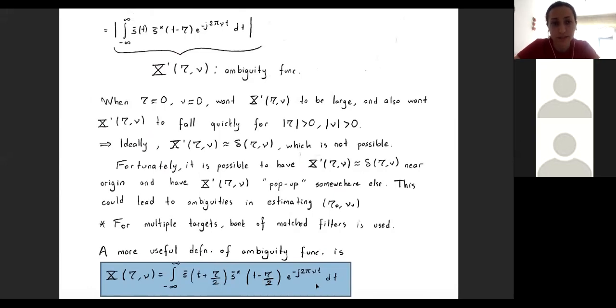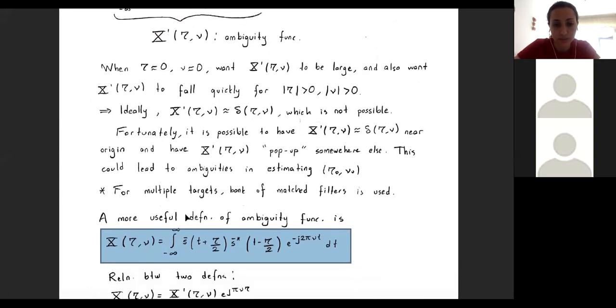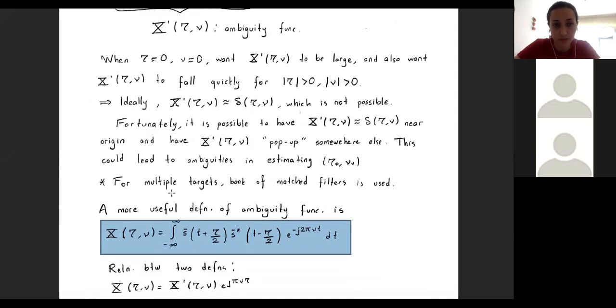That's the only difference. So basically these two functions are very related to each other, and you can obtain the relation between these two definitions if you multiply this S prime definition with e to the j pi v tau. You're going to get this new ambiguity function definition.